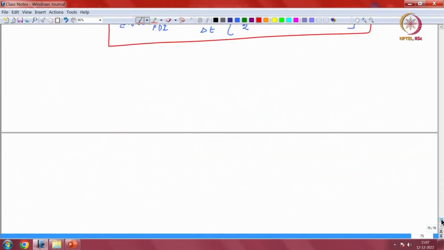Before we do that, let us go ahead and calculate the error in the central difference method, which we already wrote down as x(t plus delta t) minus x(t minus delta t) by 2 delta t minus my u, right?